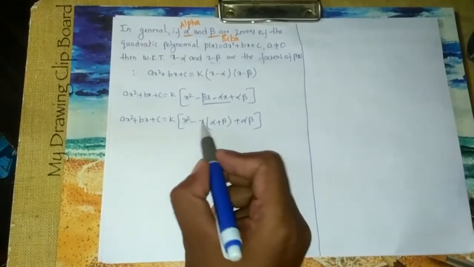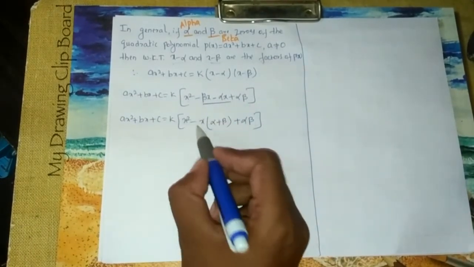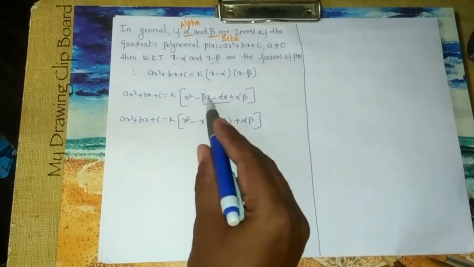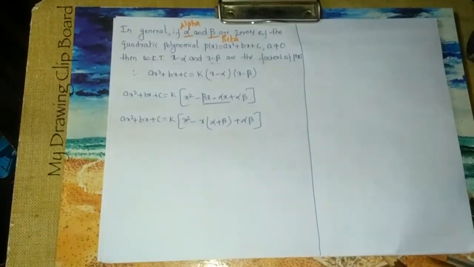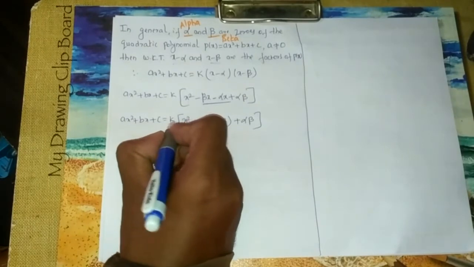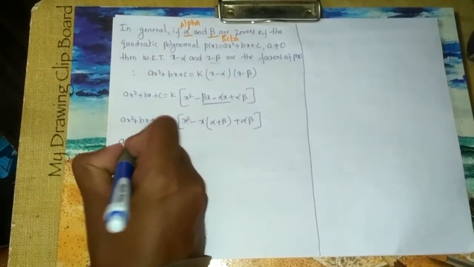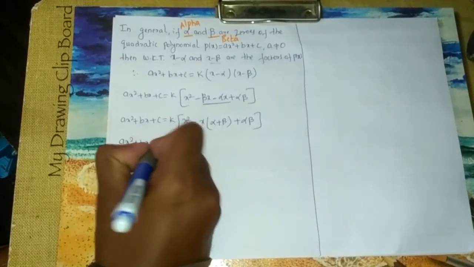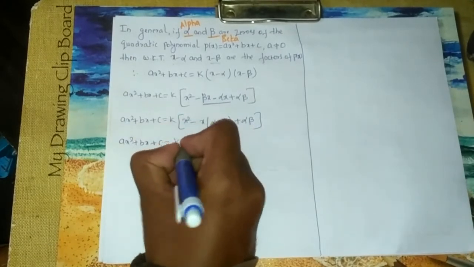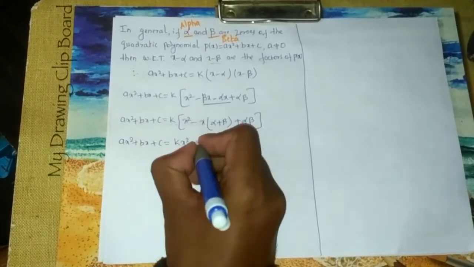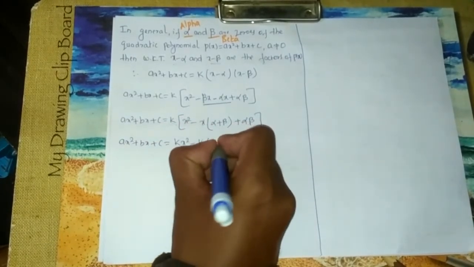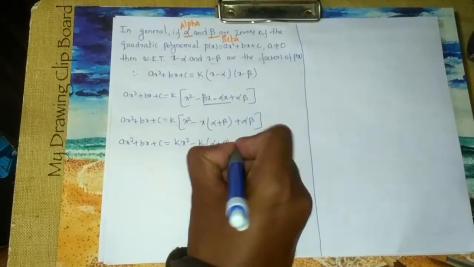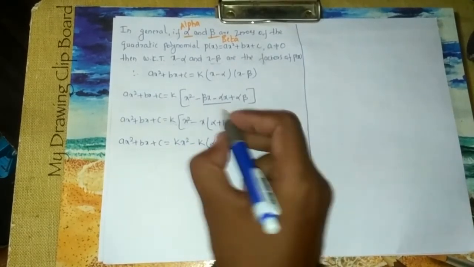When you open the bracket you will get minus alpha x and minus beta x. Now let me multiply with k. Ax square plus bx plus c equals kx square minus k into alpha plus beta into x plus k into alpha beta.